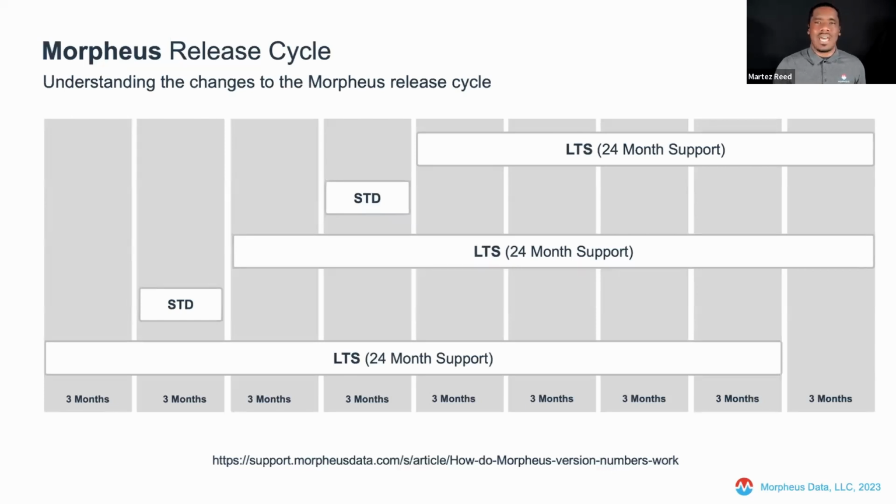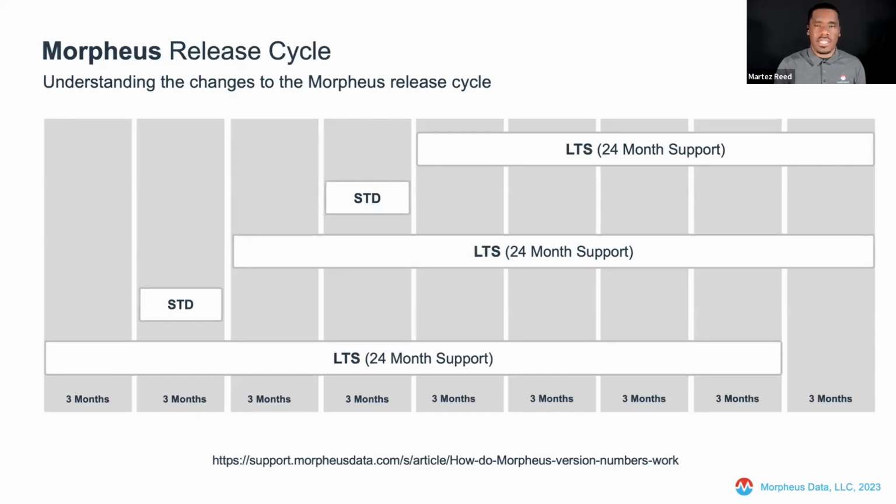What's happening now is that the standard release of the Morpheus platform will receive those same updates and maintenance fixes on a monthly cadence, to allow our customers that would like to take advantage of the new innovations in the standard release to do so, but also get the maintenance fixes as part of that process. And so that'll be released essentially every odd quarter in a given year.